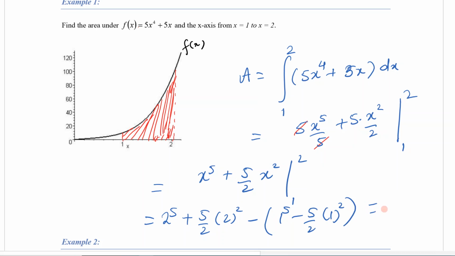Overall, when we solve it, we get 38.5 square units. So that is our area between the function and the x-axis from 1 to 2. This was our type 1 problem, easy peasy. You just simply find the definite integral and that's your answer.